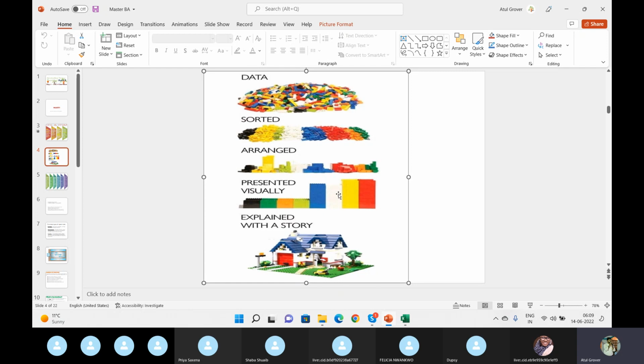And finally, when everything has been implemented, they are able to see it like this. So now open your minds, open your eyes, open your ears, and think from the 360-degree angle as well. This is what a business analyst needs to do.